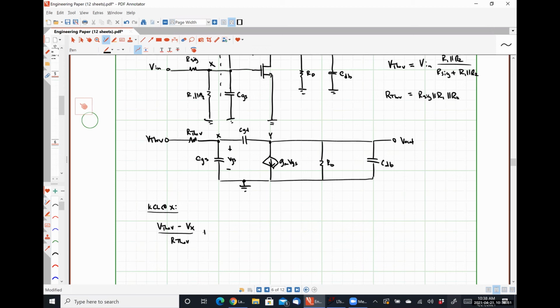We have a current of Vy minus Vx, divided by 1 over S CGD, which is the same as multiplying by S CGD. And this is going to be equal to the current flowing down through capacitor CGS, and so that's going to give me S CGS Vx.